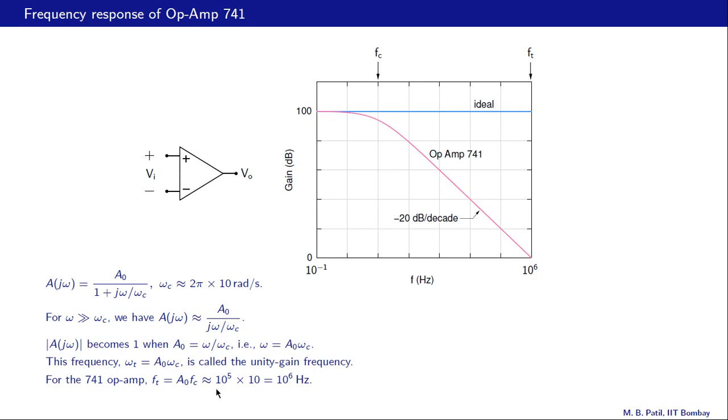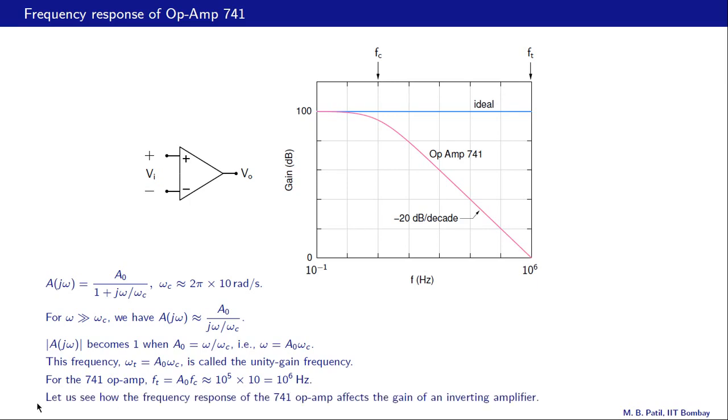That is 10 raised to 5 times 10. A0 is 10 raised to 5 and fc is 10 hertz. So that ft for the 741 op amp turns out to be 10 raised to 6 hertz. So that is our unity gain frequency for the 741 op amp. So fc is marked over here in the plot, and ft is 10 raised to 6 hertz.